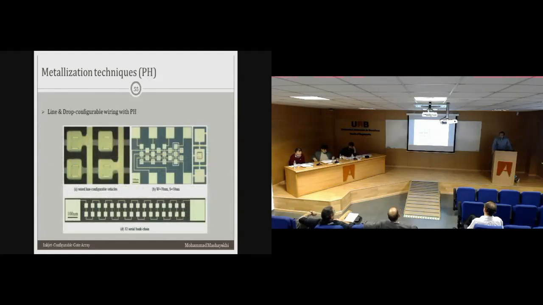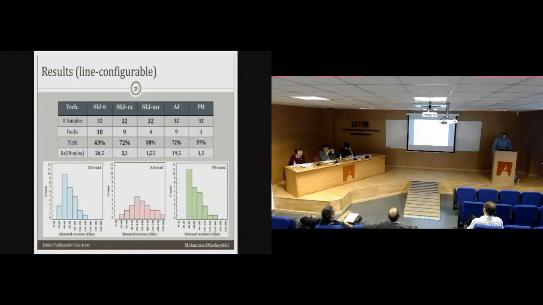And those are the nice photolithography results for both line and drop configurable wiring structures, which are taken as reference. For the results of the line configurable structure, we measured 32 samples for each technique.